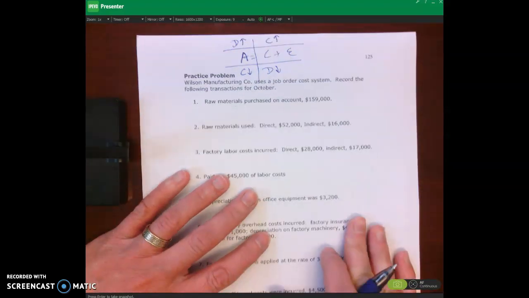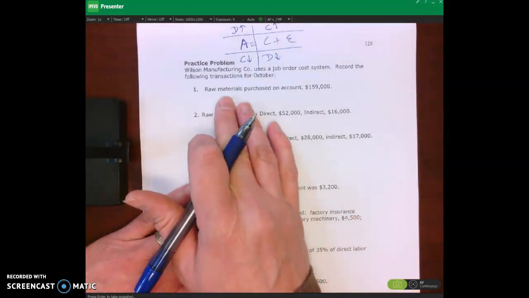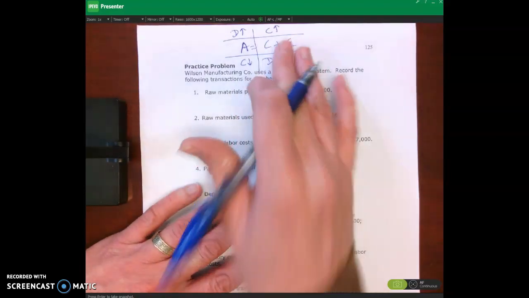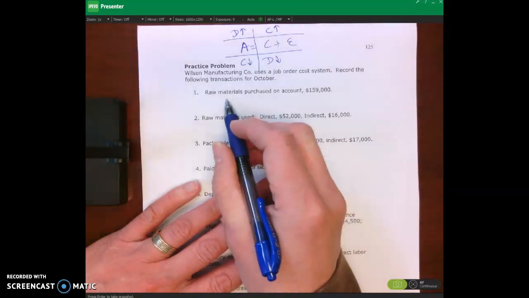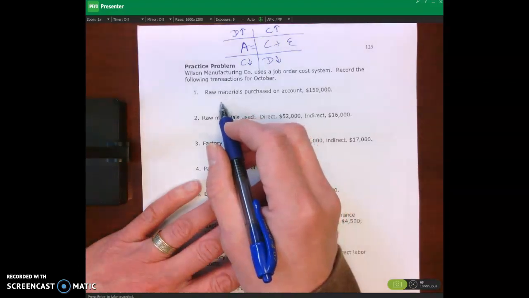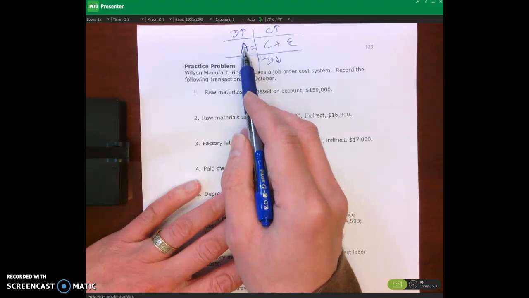Okay? So let's look at this first transaction and use this diagram to help us. Raw materials purchased on account. Where do we put raw materials in terms of the accounting equation? It is a current asset.